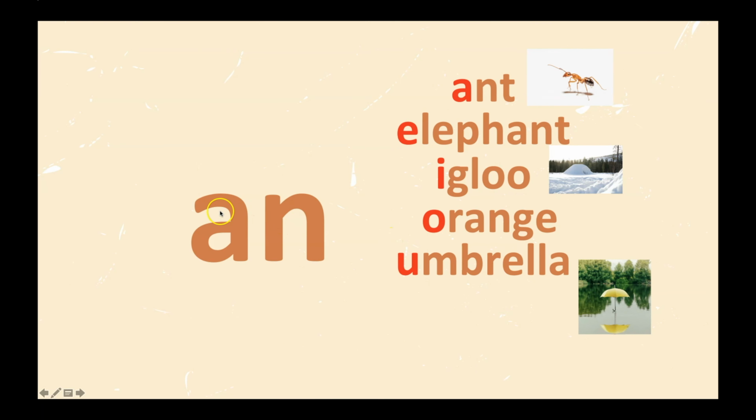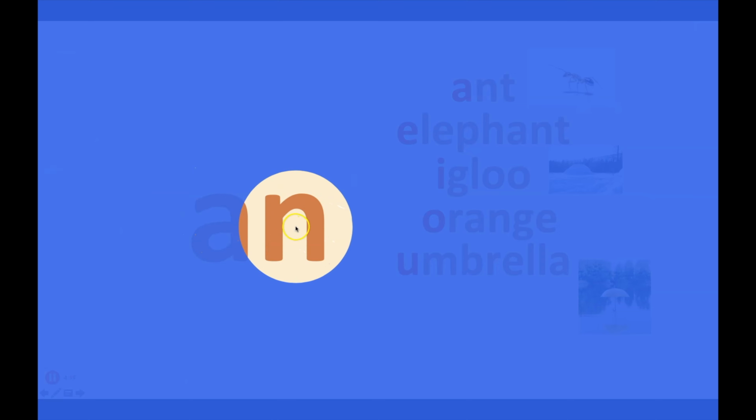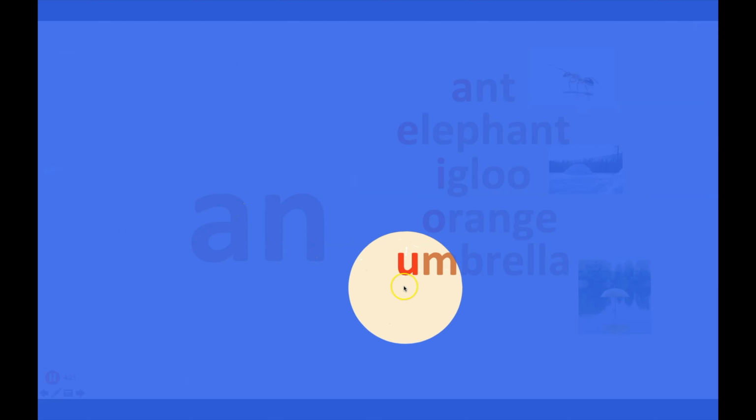Okay, good. An umbrella. There's an umbrella. What color is the umbrella? Correct, it's yellow. So an umbrella.